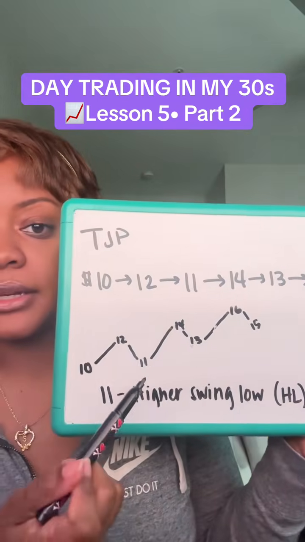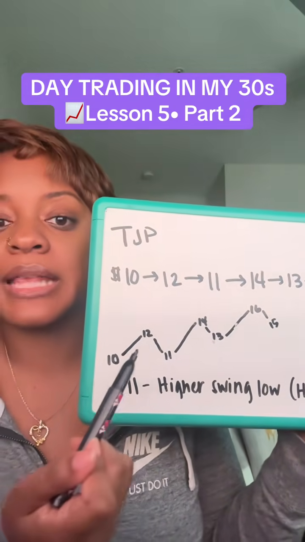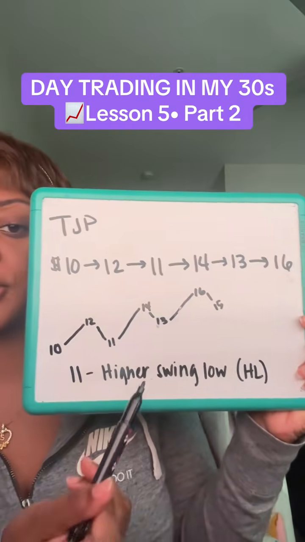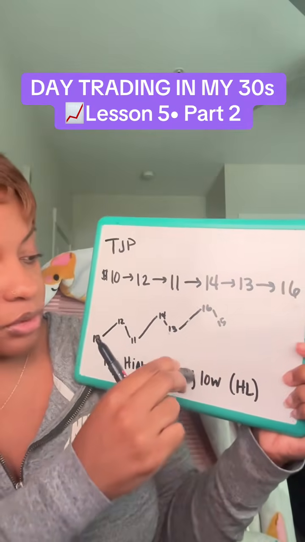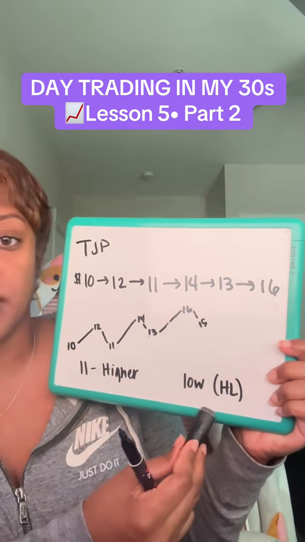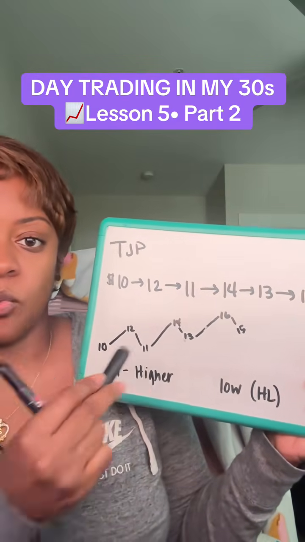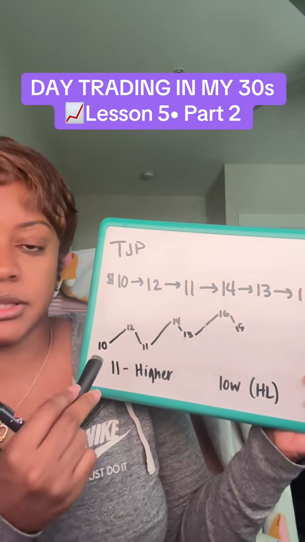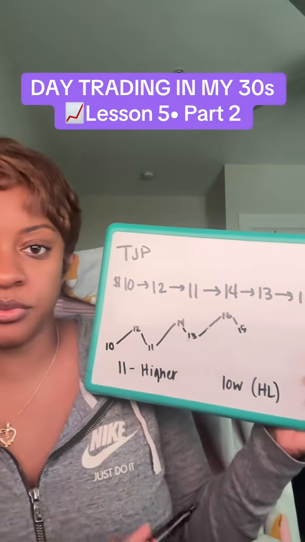Because 10 is a swing low, 11 is a swing low, but 11 is higher than 10, so it's a higher swing low. But we don't say higher swing low. We take the swing out, and it's just a higher low. 11 is higher than 10. One swing low is higher than the previous swing low. That's what makes it a higher swing low.